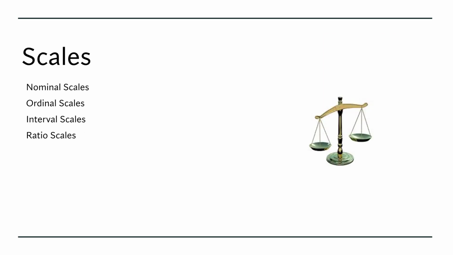As we have discussed, nominal data is a categorical data type, so it describes qualitative characteristics or groups, with no order or rank between the categories. Examples of nominal data include gender, ethnicity, eye color, blood type.